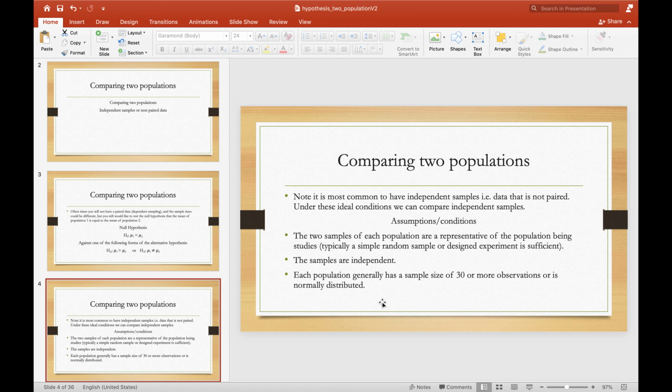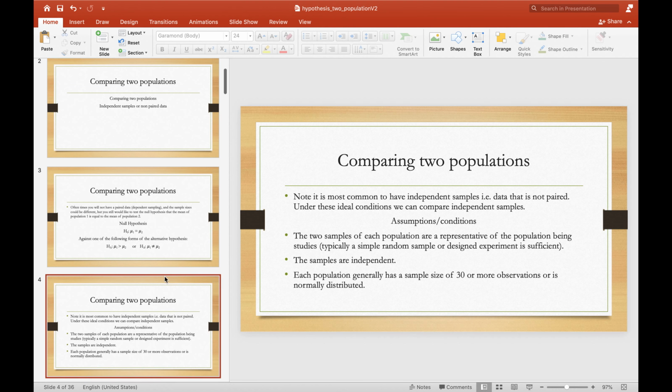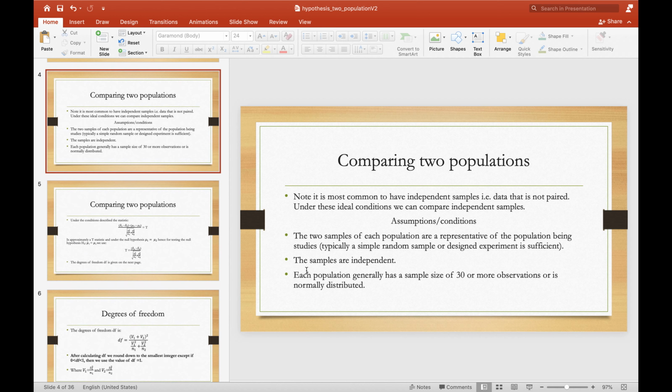When you're comparing two populations, there are certain assumptions, and it's good to know how this works. One assumption is that the samples from each population are representative of the population. The samples are independent, meaning someone in population 1 typically doesn't affect someone in population 2.